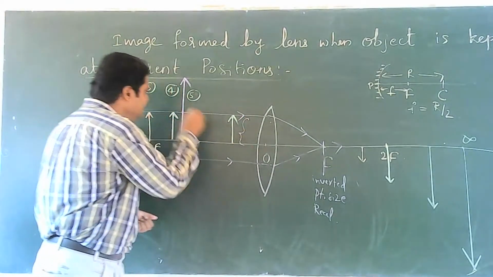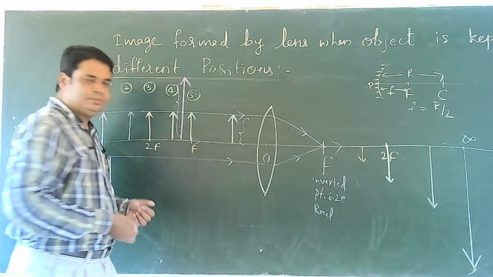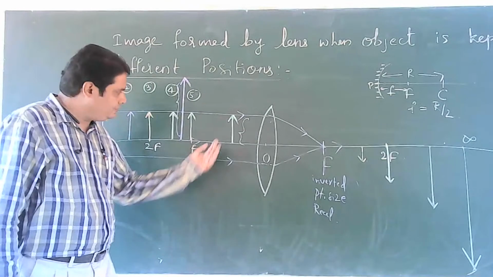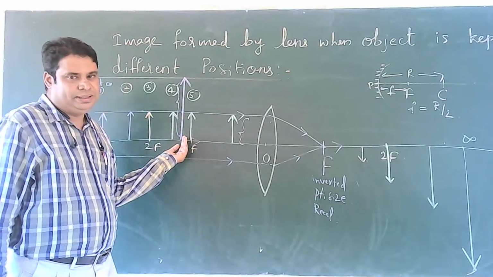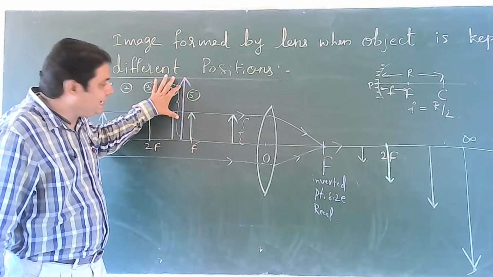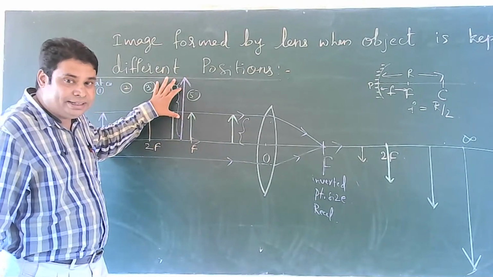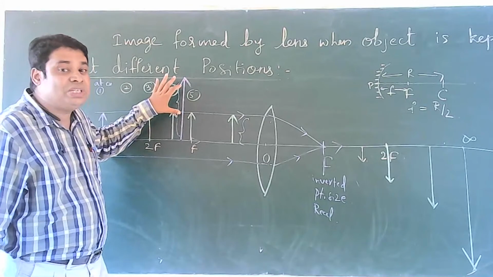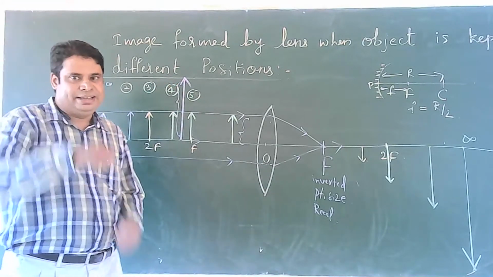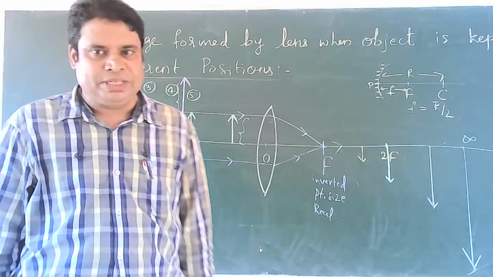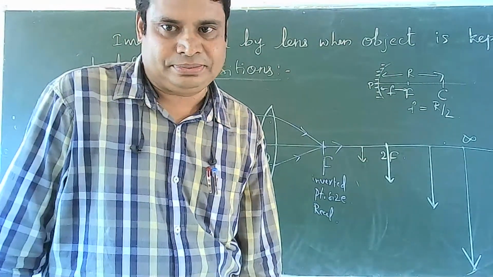This is the object, this is the image. The virtual image is formed on the side of the object only. Why virtual? It is erect, straight, hence virtual and enlarged.